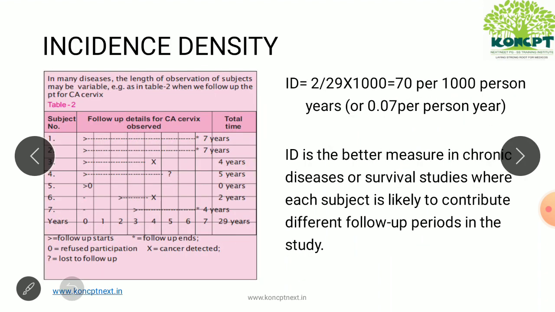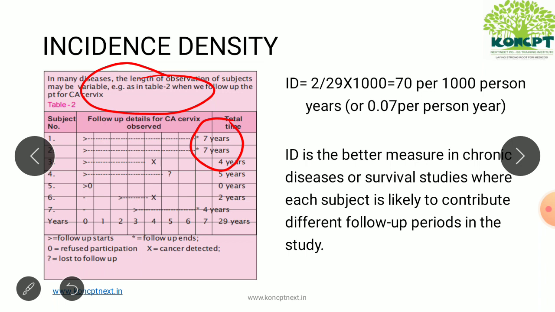Next, move on to incidence density. Incidence density is used for chronic conditions. Here we are seeing who developed carcinoma cervix over a follow-up period of 7 years. That is, who had cancer cervix at 7 years. We see that only 2 of them completed the entire 7 years, and they were positive for cancer cervix at 7 years.